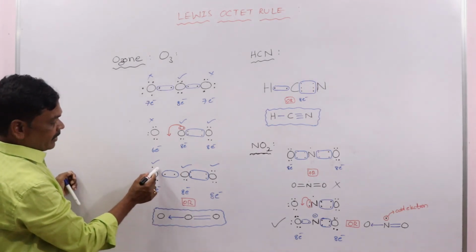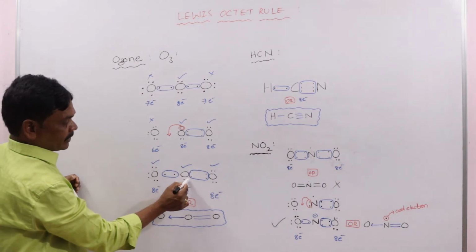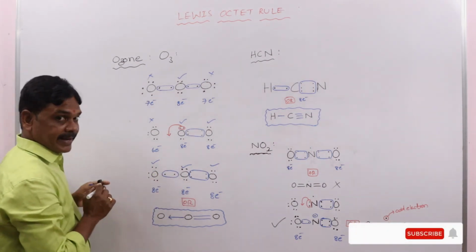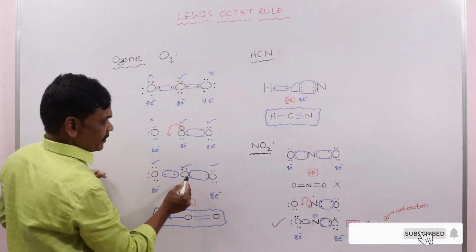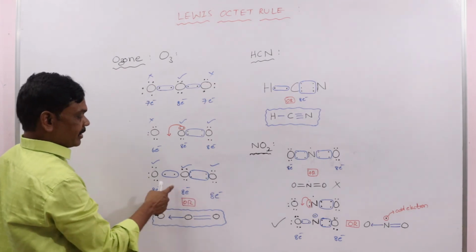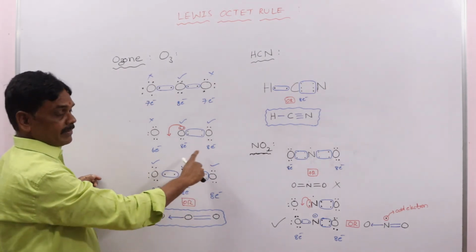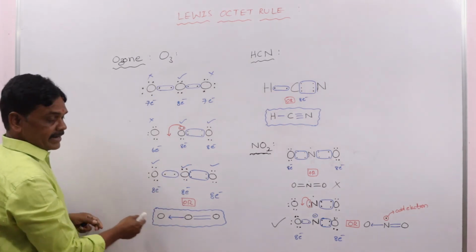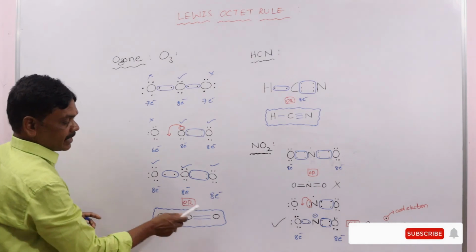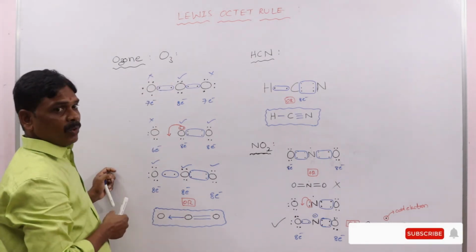You see 1, 2, 3, 4, 5, 6, 7, 8, and here also 1, 2, 3, 4, 5, 6, 7, 8. So all oxygens are getting 8 electrons in their outermost or valence shell. This is the final structure: this is a coordinate covalent bond and these are covalent bonds. This is the structure of the O3 molecule.